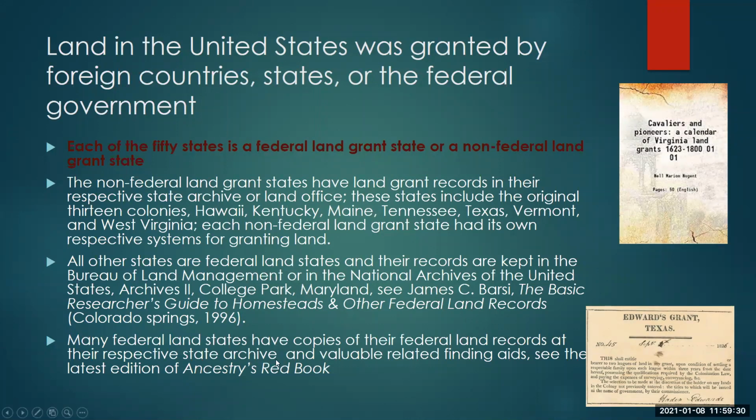And of course, it's always a good idea to check at the state archive in any state to see what they have. And for many of these states, anything special in regards to federal land records are described in Ancestry's Red Book, which is really good for each state in the Union.